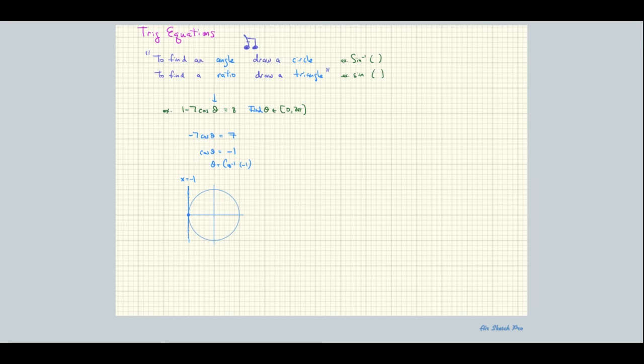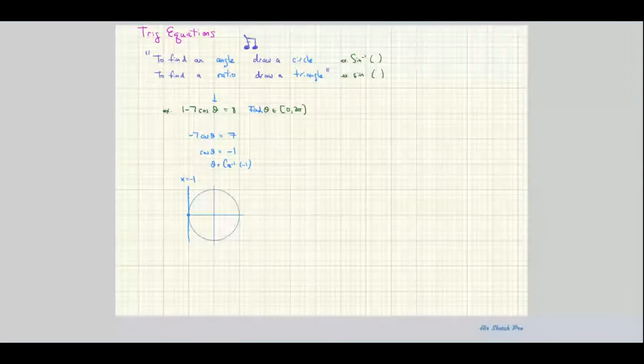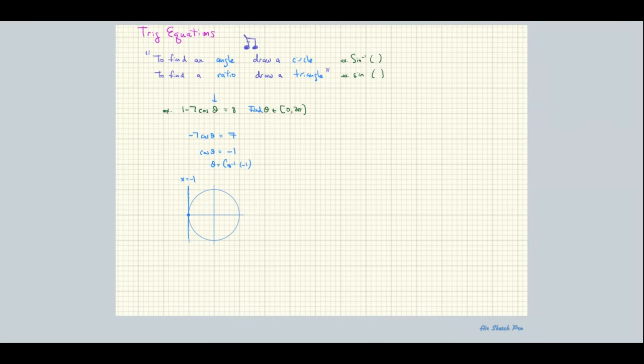Though that vertical line would normally hit the circle twice, here I'm at an extreme value at 1 or -1 on the cosine. And because of that, I get exactly 1 solution. And that will happen with sine, cosine, secant, and cosecant. Tangent and cotangent will always give you 2 solutions.